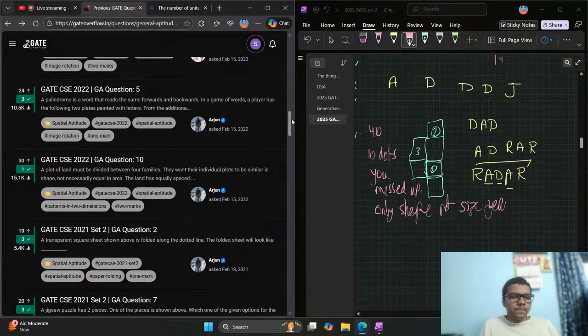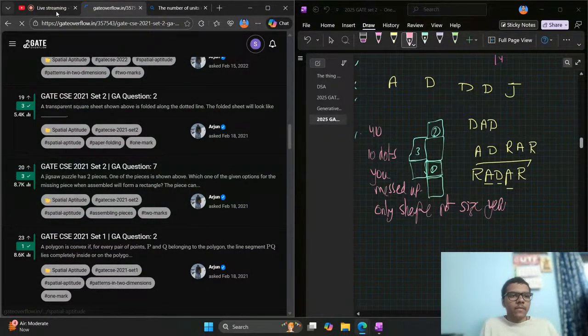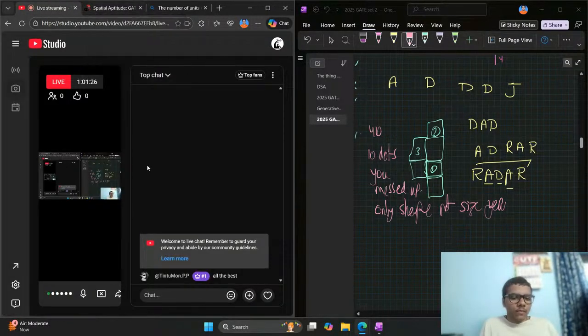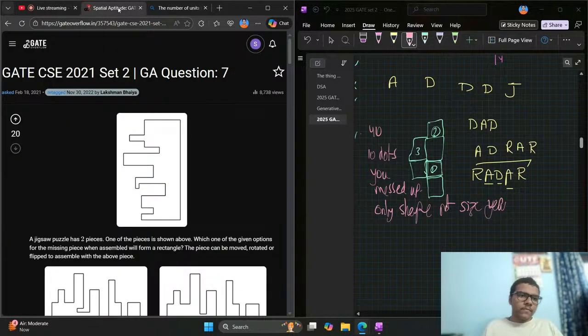Okay, wow. A jigsaw puzzle has two pieces. One of the pieces is shown above, and the options give the missing piece. When assembled, it will form a rectangle.